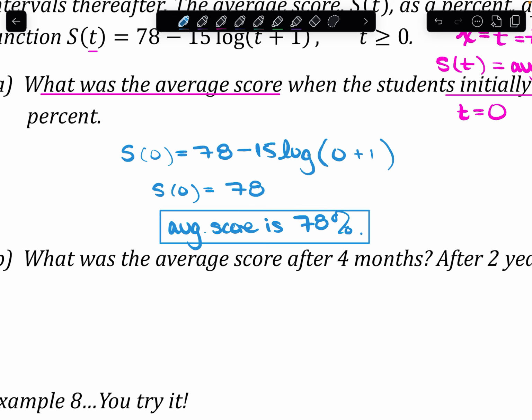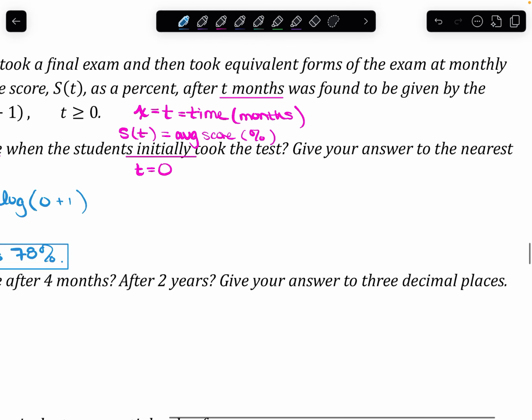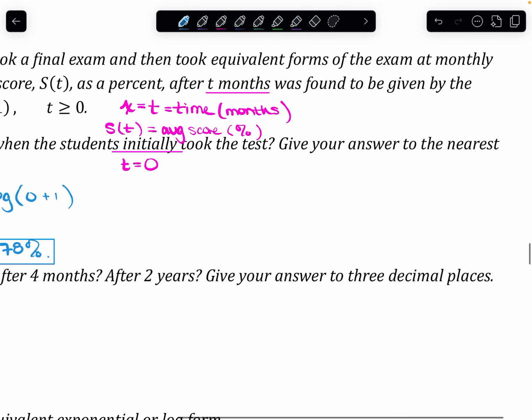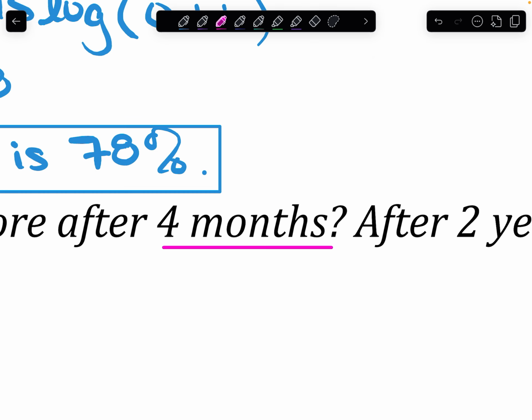All right, next one. What was the average score after 4 months? Then after 2 years, give your answer to 3 decimal places. So let's see. What was the average score after 4 months? 4 months. That is your x variable or your t variable. That is time. So we're plugging in 4 for t now.